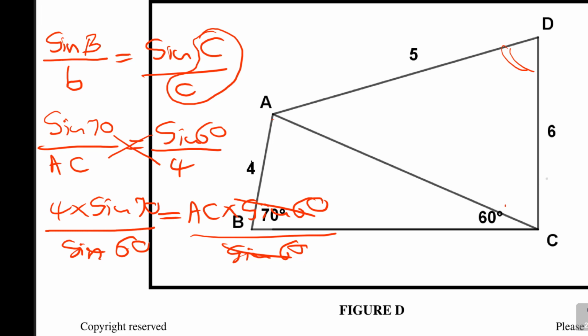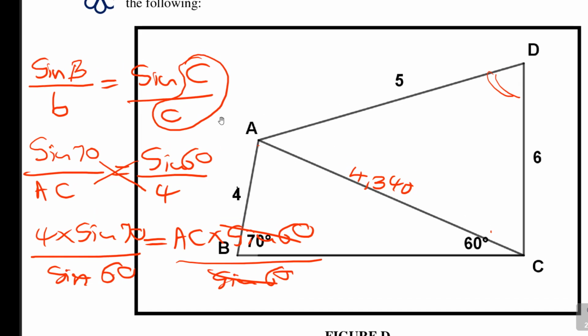Maybe I did something wrong. Calculator's not as smart as I thought it would be. It was complaining because I forgot to put a bracket. Yes, 4.340. So you've got that side using the sine rule.